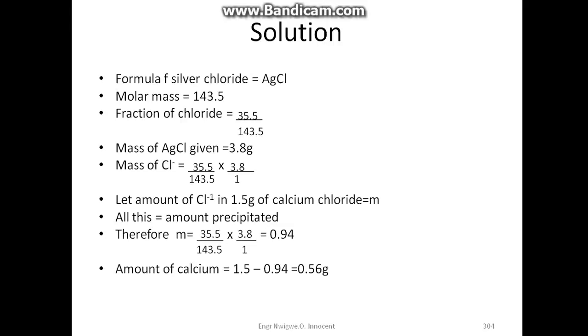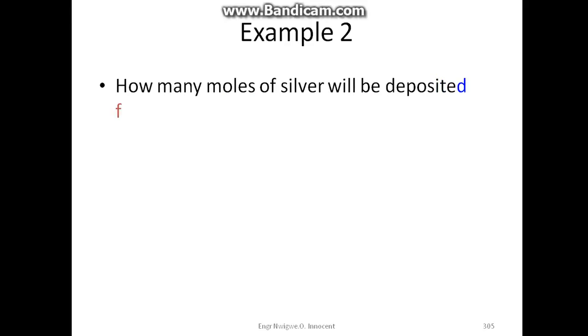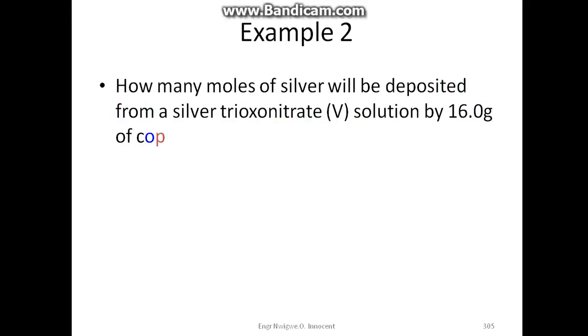Example 2. How many moles of silver will be deposited from a silver nitrate solution by 16.0 grams of copper, given the molar mass of silver as 108 and that of copper as 64?